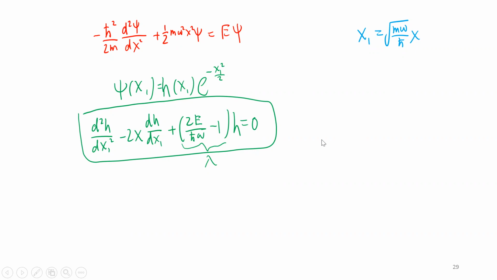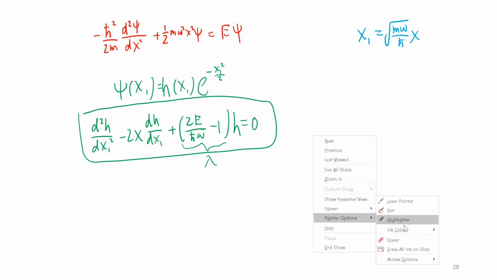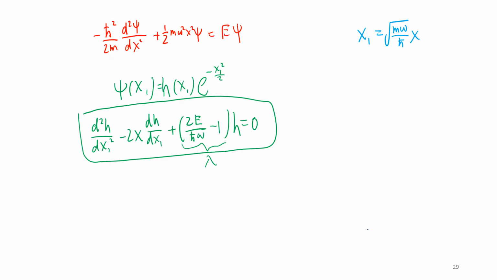However, if you let h be a series like this and just look for the infinite series without caring about the truncation, you'll find that for large n, a of n goes like 1 divided by (n/2) factorial.